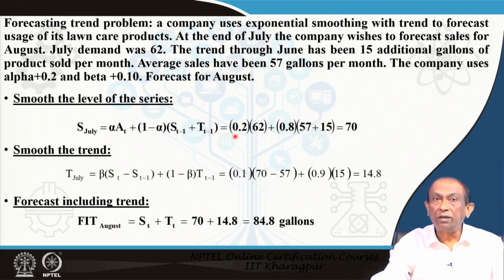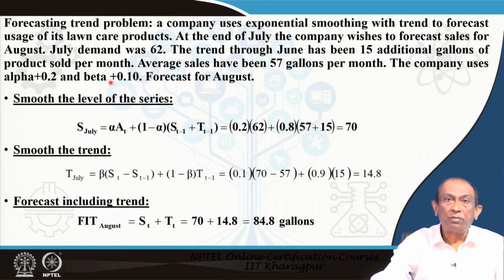So, what we have done? We have taken alpha equals 0.2 plus, in the problem it is very clearly given, the actual demand for the month of July was 62. So, we have put in that, plus 1 minus alpha.